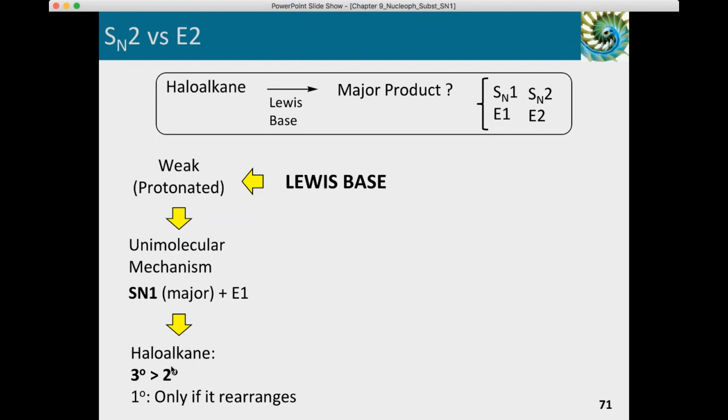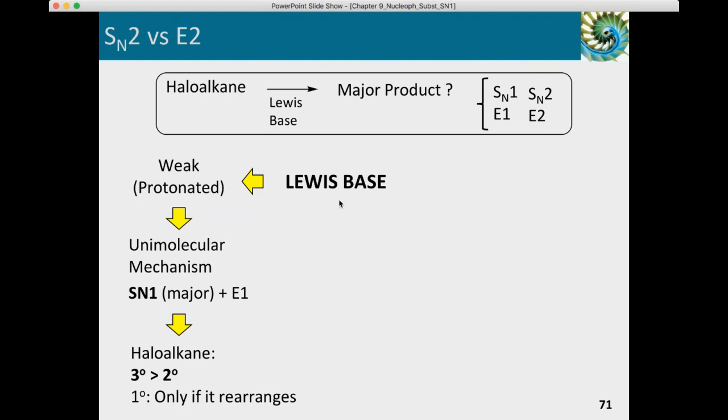We will never see a primary haloalkane react through a unimolecular mechanism because methyl or primary carbocations are never formed, too unstable. This will only happen if you have a potential rearrangement from the primary to, let's say, a tertiary carbocation.